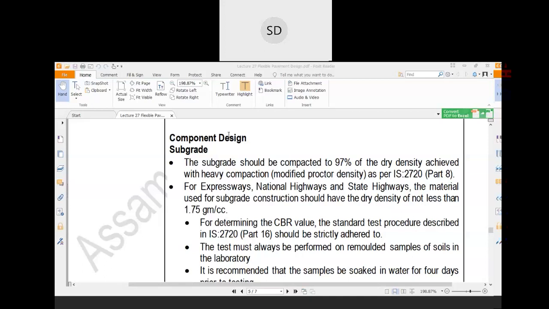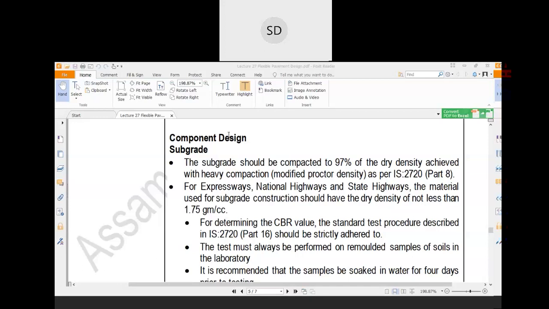So whatever subgrade is there, you have to compact this to 97% dry density. Okay, and you can use some water for the better compaction or consolidation of the subgrade. So the maximum dry density is achieved when your moisture content is optimum. So to know the optimum moisture content, you can do the Proctor test.